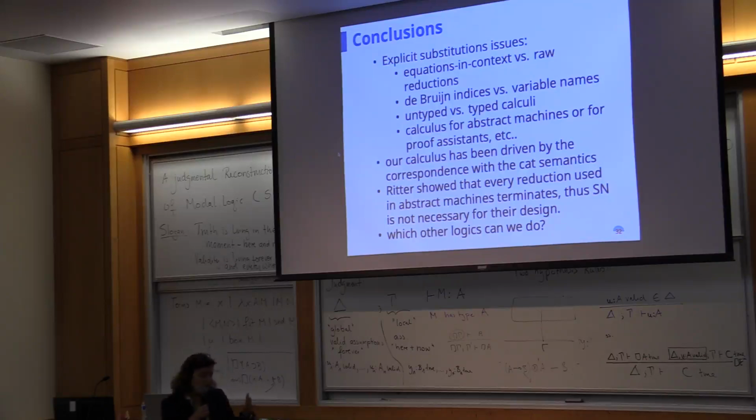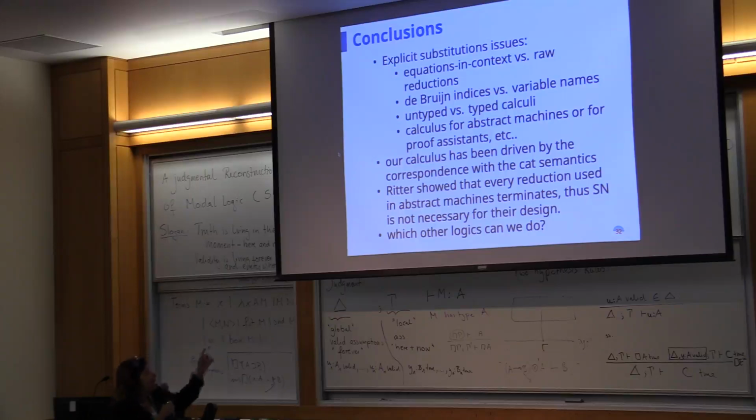And so the whole of the calculi that I'm trying to discuss with you have been driven by the correspondence with the categorical semantics. And one of the things that people say about the lambda sigma is that it's not a good calculus, as I was mentioning before, because it doesn't satisfy strong normalization. But strong normalization might be asking too much, because there are different evaluation strategies.